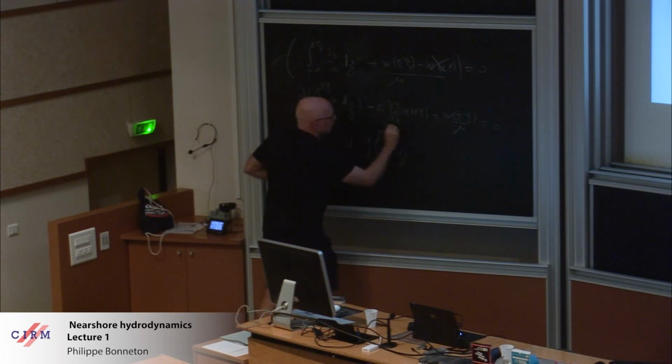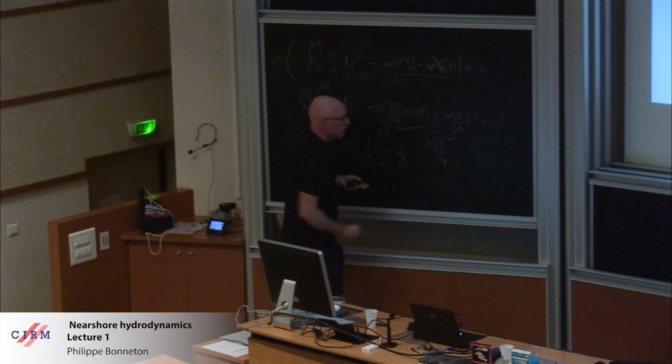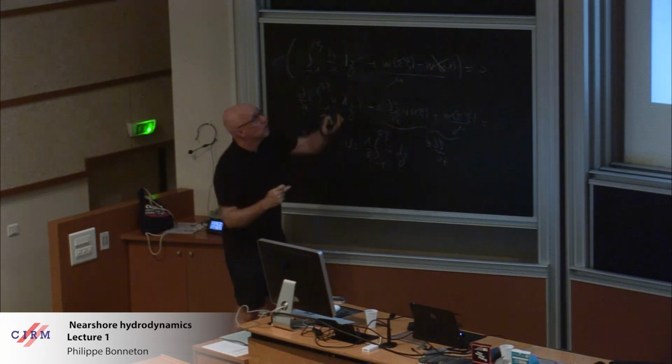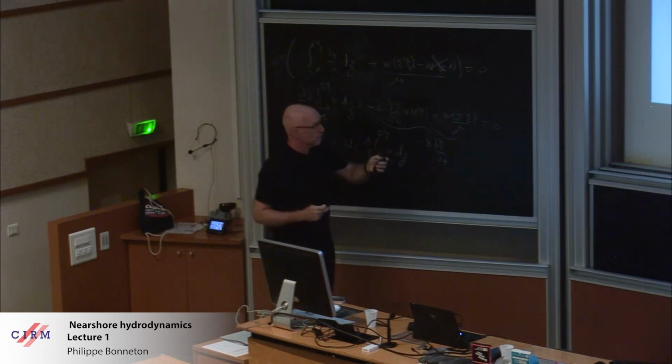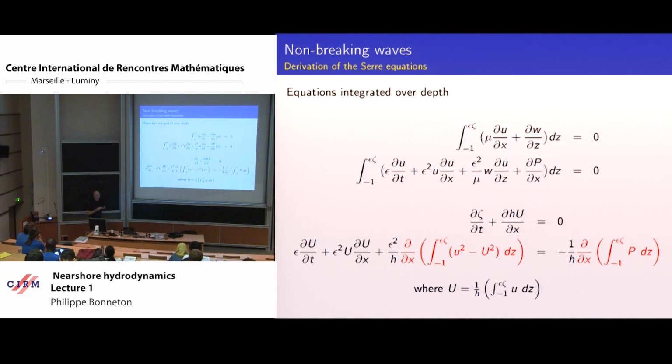And this term is equal to d zeta dt by using the kinematic condition. So you obtain this well-known conservation equation. So there is no approximation. Is it exact even for strongly nonlinear? It's an exact equation.